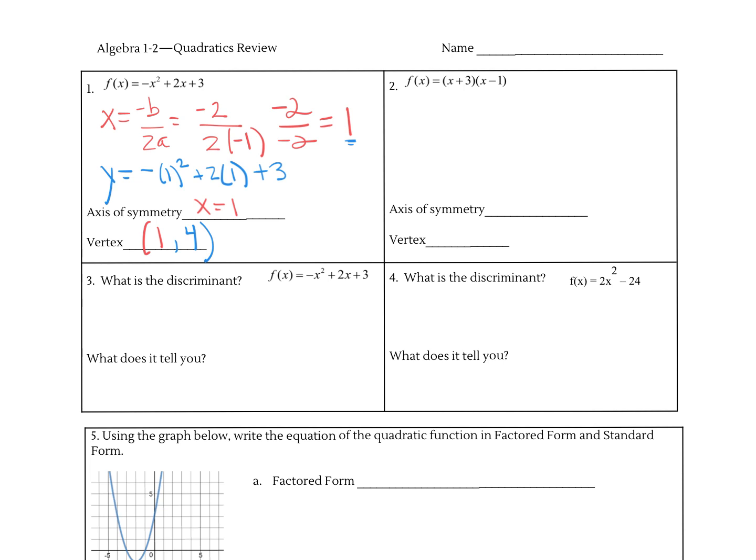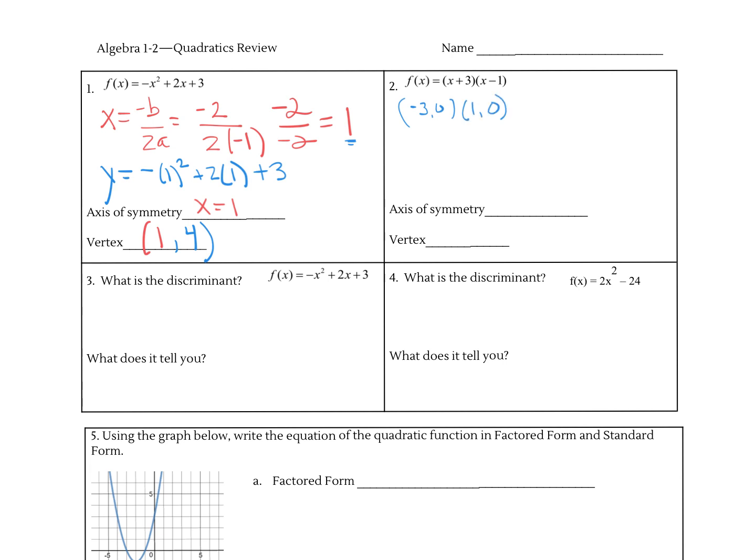If we are looking for the axis of symmetry and the vertex in number 2, you've got a couple of options. You might look at this and say, if these are my factors here, then I know that there is an x-intercept at -3, 0, and an x-intercept at 1, 0.